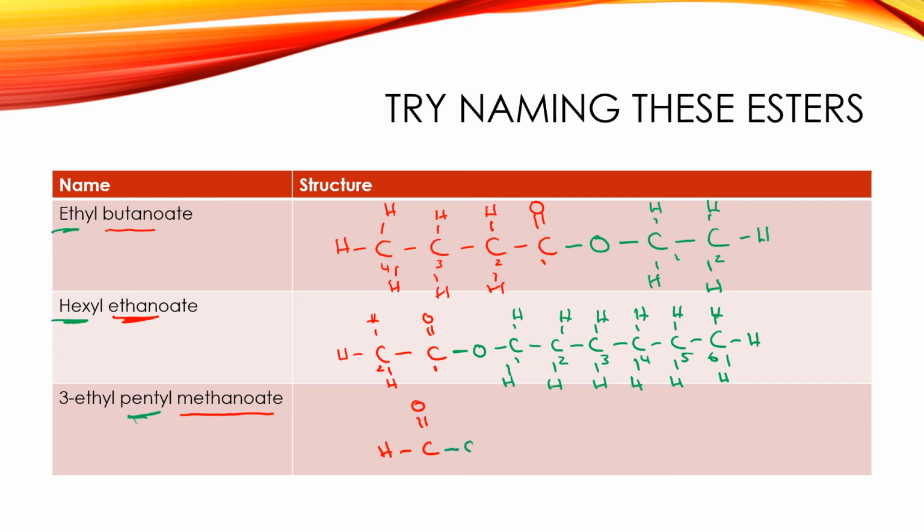So there's the ester functional group, 1, 2, 3, 4, 5. On carbon 3 of the alcohol was an ethyl group, 1, 2. Complete by putting in the appropriate number of hydrogens on every carbon.